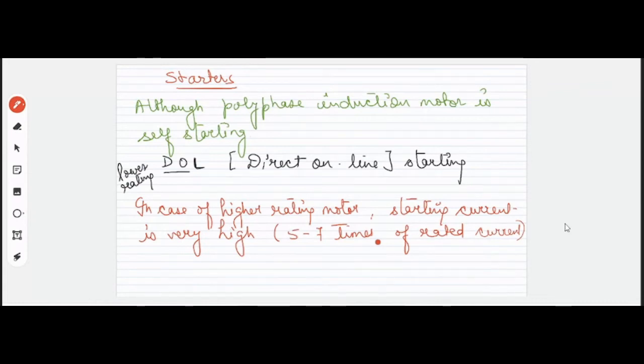Now, in drives where the motor load inertia is not too high, this transient state of starting gets completed within a shorter time period, so it doesn't raise the temperature of the motor to a high level.